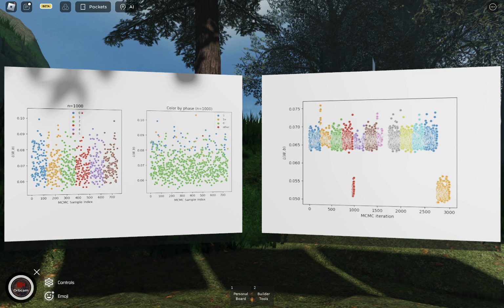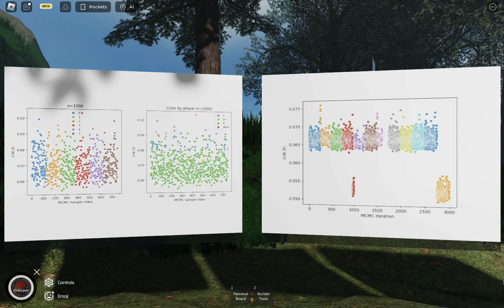Here we are just tracing over the loss. By trace, I mean on the x-axis we plot the index, the number of iterations the MCMC has taken, and on the y-axis is the loss. I just stacked all the different chains together horizontally.